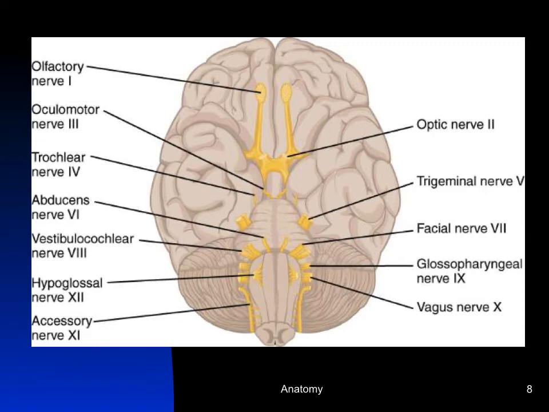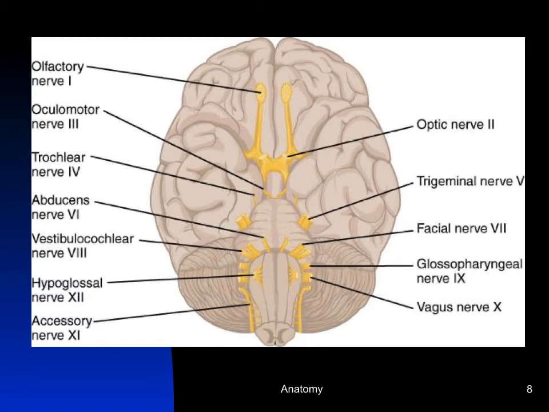Then from posteriorly from the midbrain, you have the trochlear and abducens. These go to the oculomotor and the trochlear. These are going to the muscles of the eye, and they're motor nerves that are controlling eye muscles, like that make the eyes move back and forth, that change the shape of the lens, or that control the amount of light entering the eye.